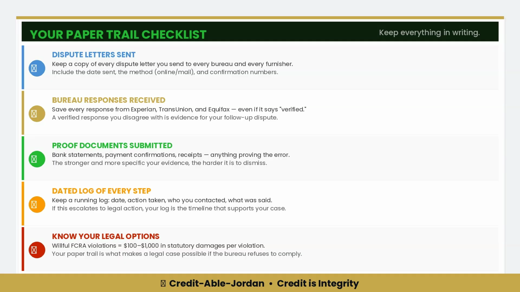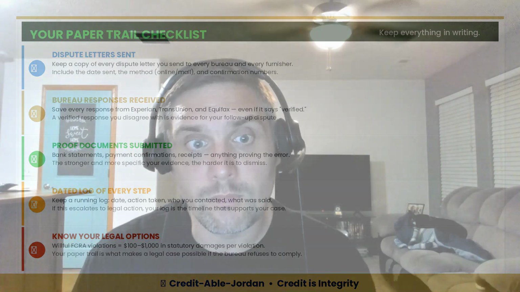If a bureau repeatedly fails to correct a clear error, the FCRA gives you the right to take legal action, including potential statutory damages of $100 to $1,000 per violation. That paper trail is what makes that case.